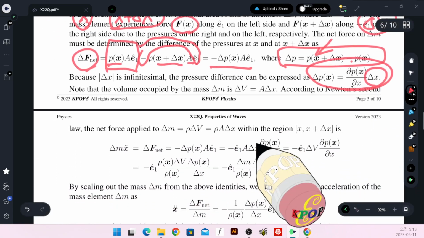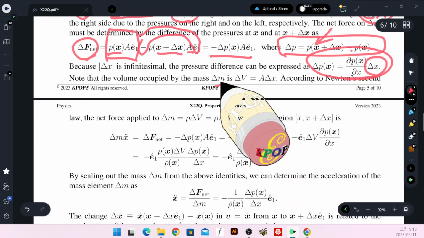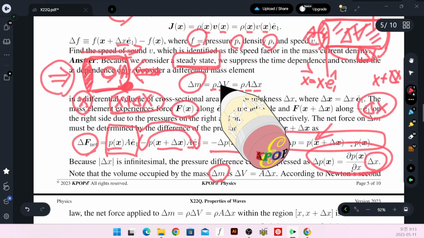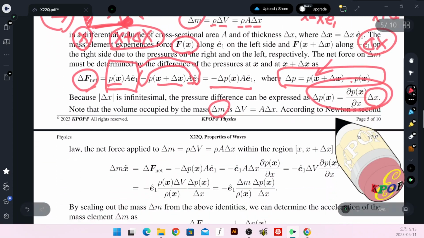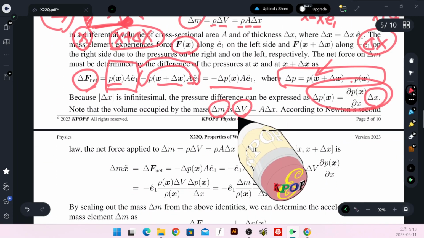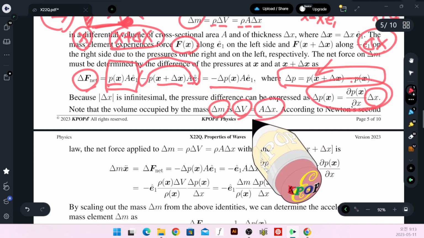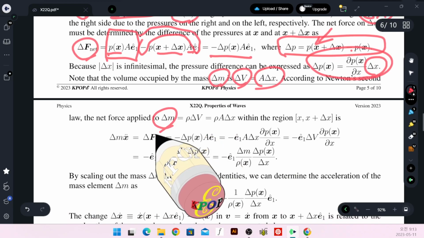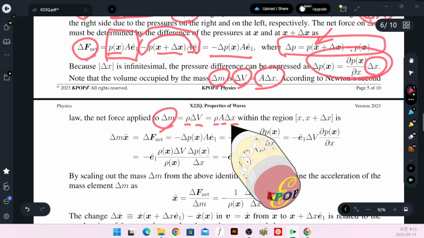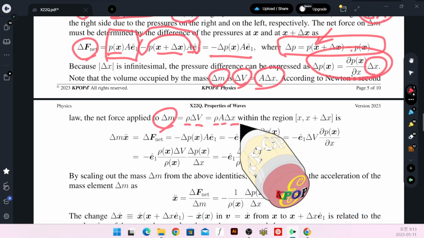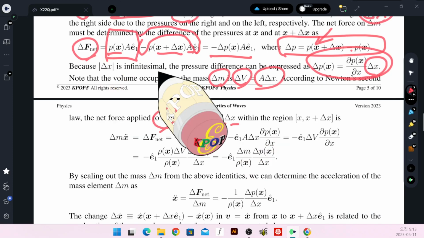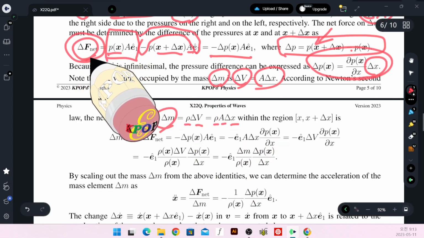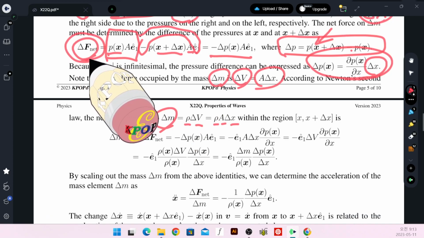All right, so we remember that delta M is contained inside this tiny volume, and volume is the cross-sectional area multiplied by the thickness. Therefore, the mass is rho delta V, rho A delta x. So that's fine. We apply Newton's second law to find the net force in a different way.